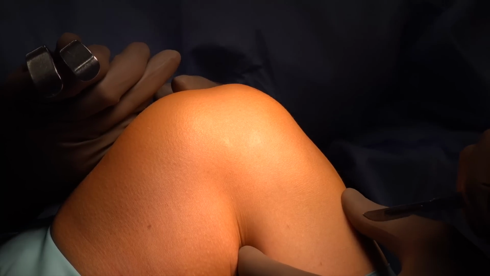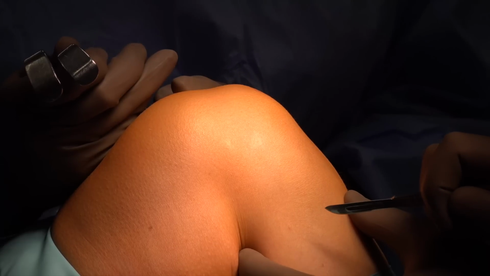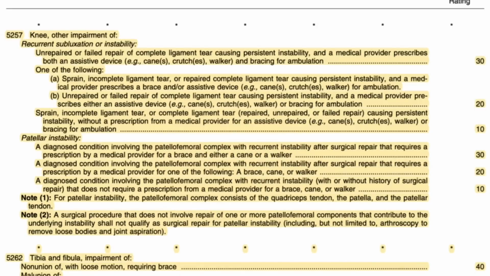You don't have to have imaging like an MRI of a complete or incomplete ligament tear. It could just be a sprain because maybe you hurt your knee 10 years ago, and now it's unstable, like it gives out on you. But for whatever reason, you have not required an MRI to diagnose the status of your ligaments.